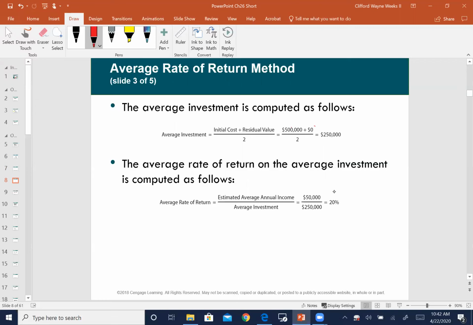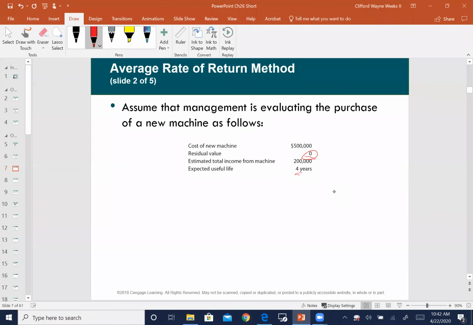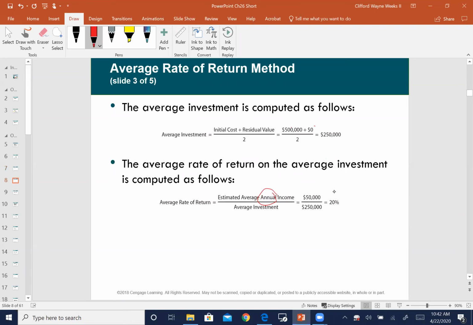Then we divide the average annual income. Back here it said it was 200,000, but we divide that by 4, and that's how we get the $50,000. And so it turns out that it's 20%.